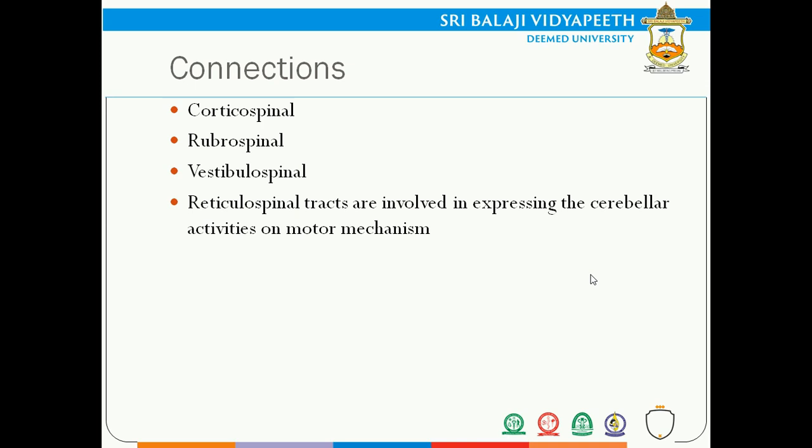When I use the word motor, it can be replaced by another synonym called efferent. Efferent pathways means motor pathways, or otherwise I can also call it descending pathway. So why do I call it descending? Because the activity is guided by the cerebral cortex. It is directed downwards, and whatever coordination or order is given by the cerebral cortex, mainly the motor cortex, comes lower down to the midbrain area.